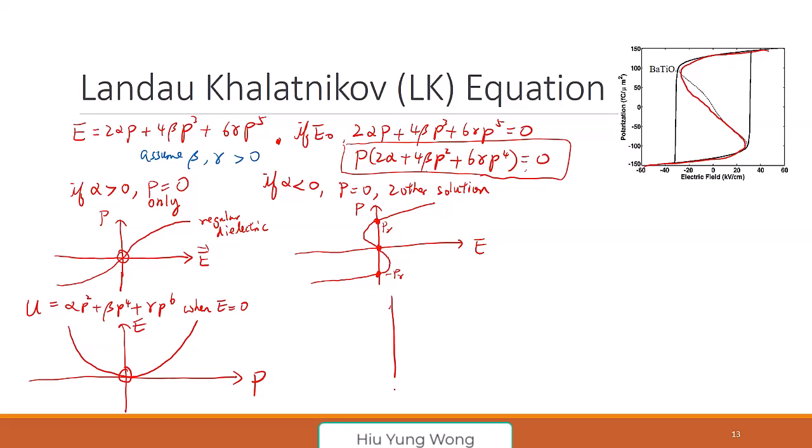But if your alpha can be negative, then you will get a solution like this. This is P, this is U. And this is exactly the P remnant field and the PR here. And you see that this one is not stable, right?